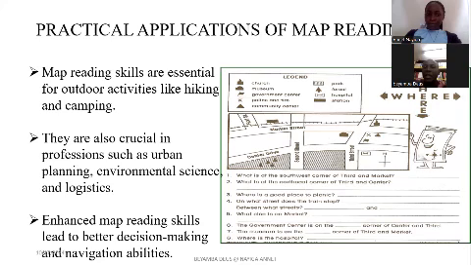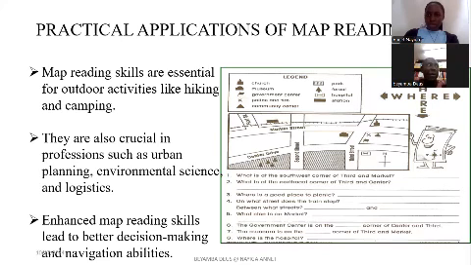They are also crucial in professions such as urban planning. Urban planners use the knowledge of maps for planning cities. If you want to build a house, you first go to the town council's urban planners, to the district, you get the permission, and then you build your house, because they help in urban planning.